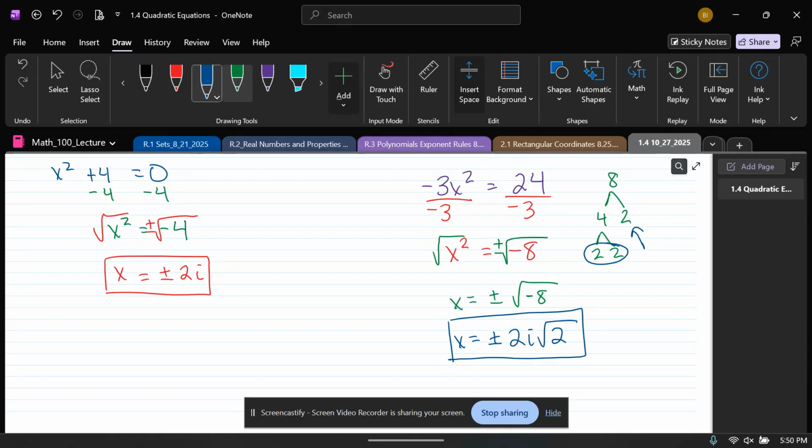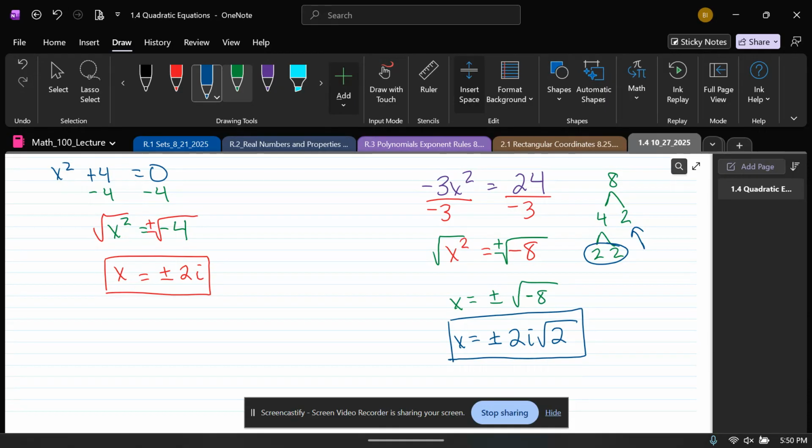So when can you solve by square roots? Yeah, there's no plain x, no bx term in there. That's when you can solve by square roots. If you have an x squared and a bx in there, you've either got to do factoring or quadratic formula. We're about to do quadratic formula next.